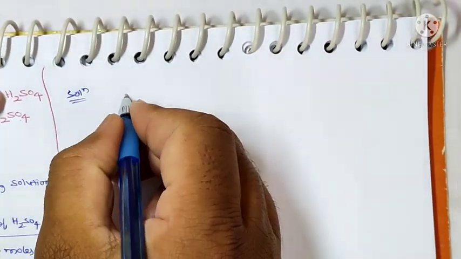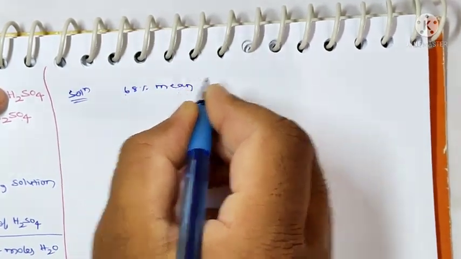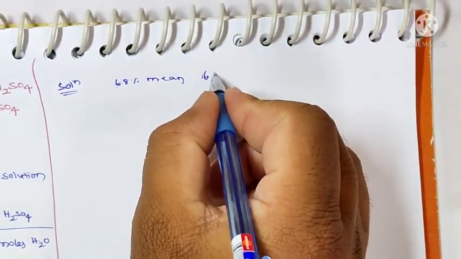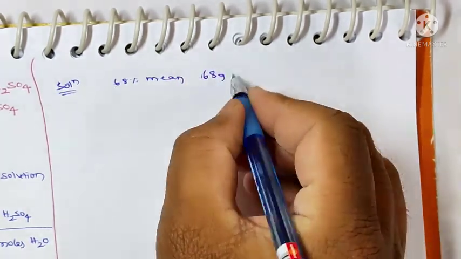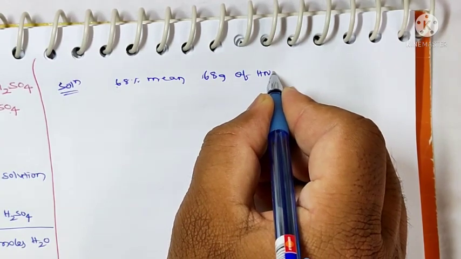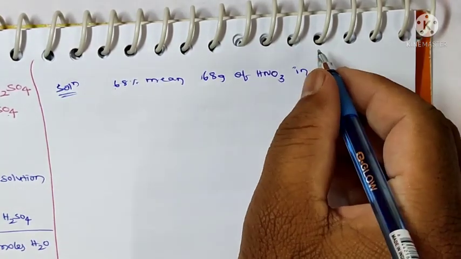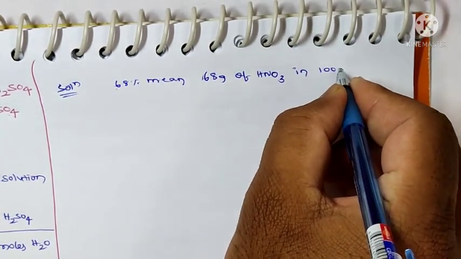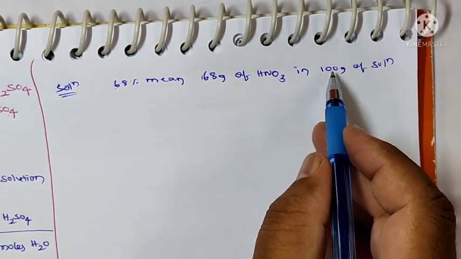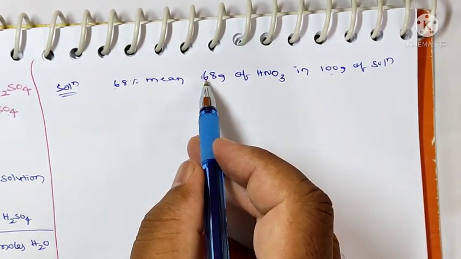So 68% means 68 grams of HNO3 in 100 grams of solution. The total solution weight is 100 grams and nitric acid weight is 68 grams.